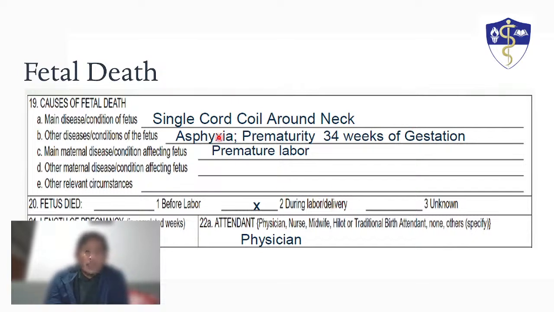Okay, so if you're going to use this one, you can remove this and just write prematurity, 34 weeks age of gestation, in here in other diseases of the fetus. So main maternal disease or condition affecting the fetus, it is a premature labor. Okay, so it did not reach 36 weeks pa, already had premature labor, so it's going to be written in here. Okay, so this is simple lang.